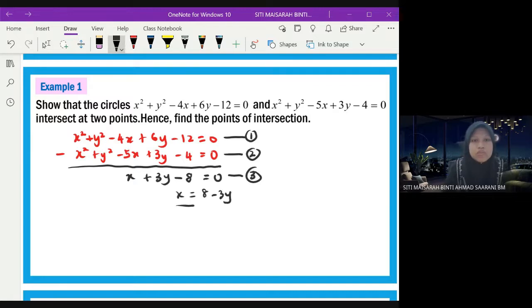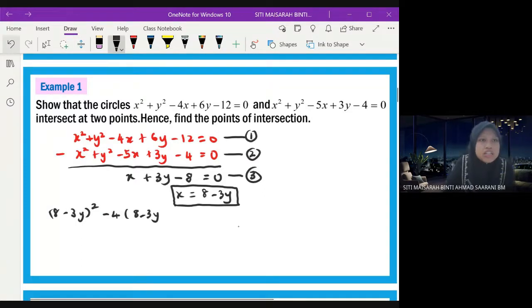So kita ambil x equals to 8 minus 3y ni, kita sub into mana-mana lah, either one or 2 lah. Contohnya kalau kita sub dalam equation 1. So jadi kita dapat 8 minus 3y all squared minus 4 times 8 minus 3y. Ada y squared.